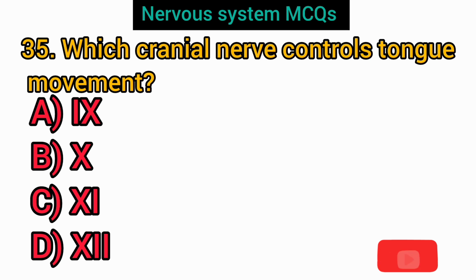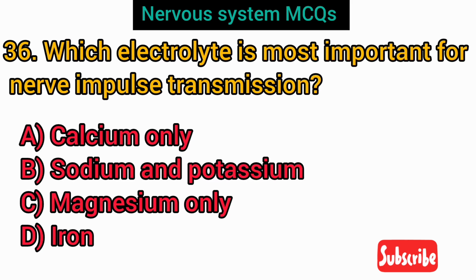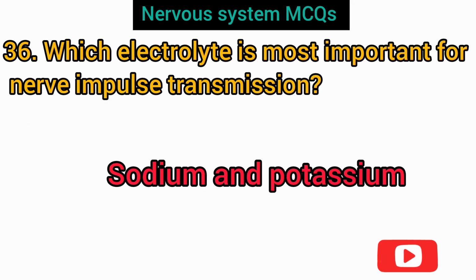Which cranial nerve controls tongue movement? 12. Which electrolyte is most important for nerve impulse transmission? Sodium and potassium.